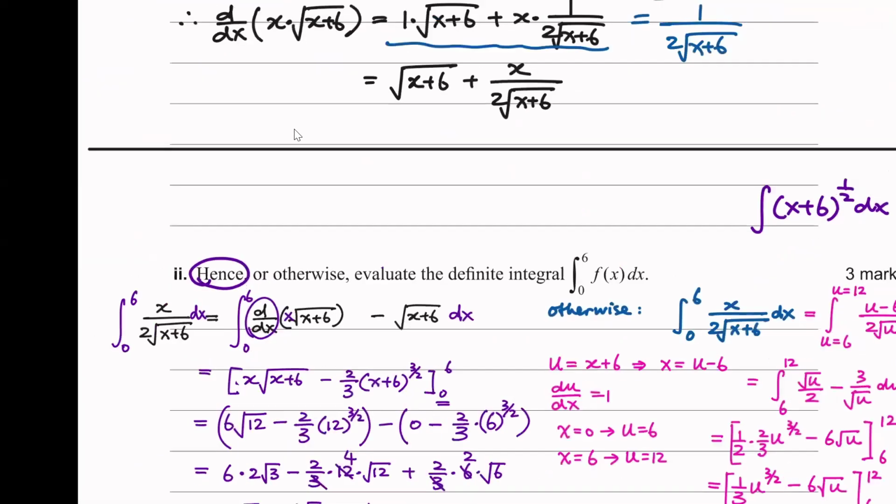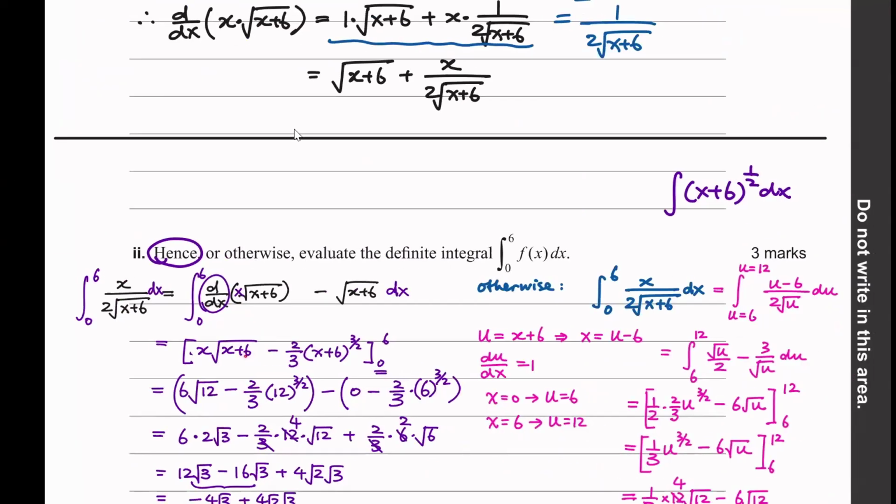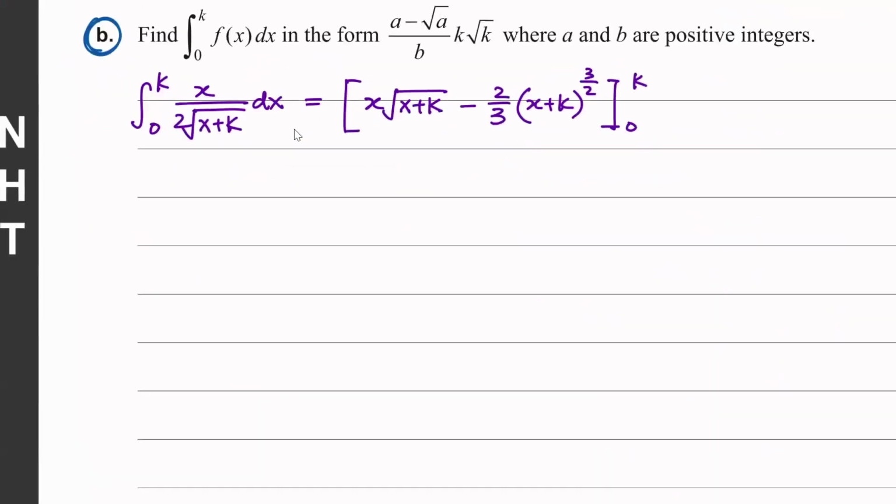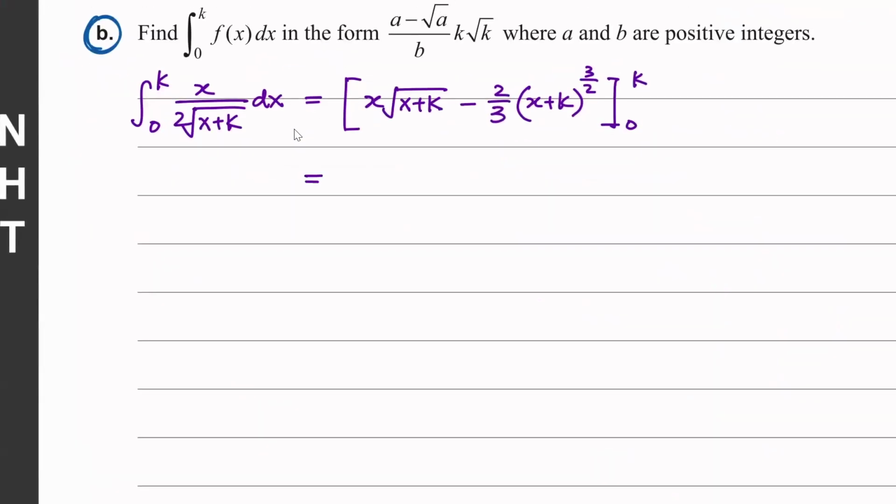Okay, just replacing the 6 with a k here. It's true. And then you get k square root of k plus k, that's 2k, minus 2 on 3, 2k to the power 3 on 2.